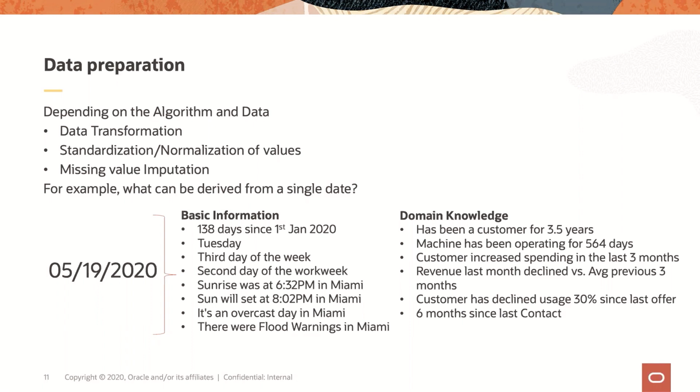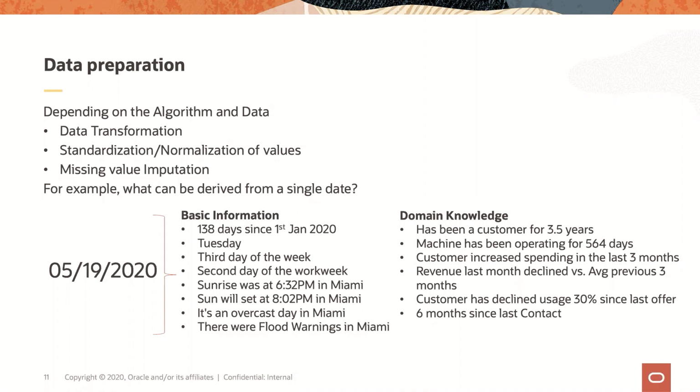Now I can think about the basic information: if I take a date and just that number, how long it's been since the beginning of the year, how many days? I know that today is a Tuesday, the third day of the week, and the second day of the work week.